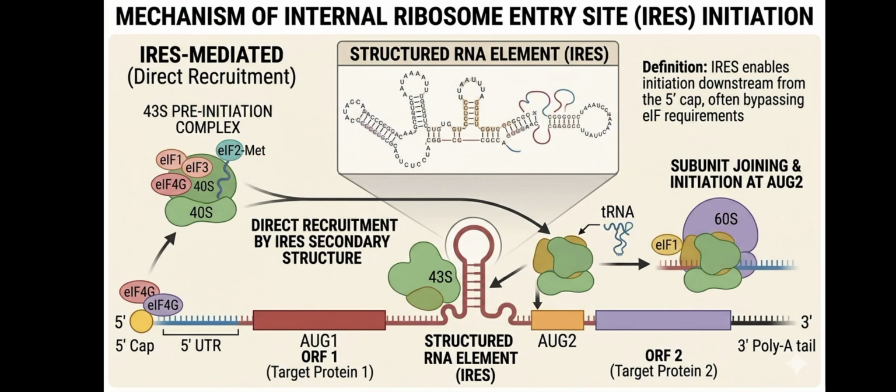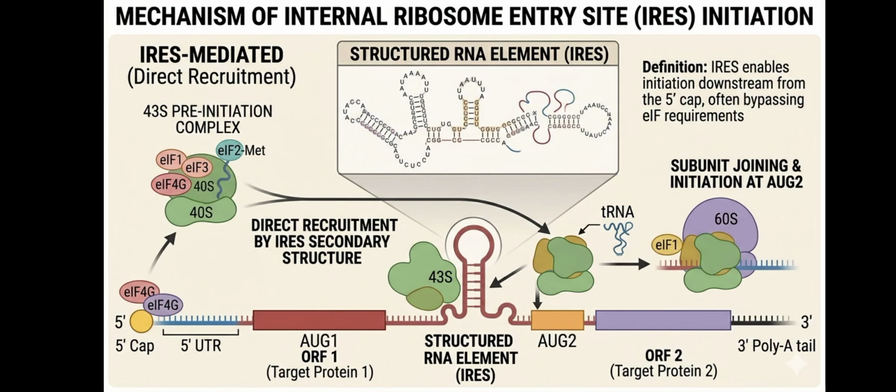This IRES RNA sequence is present in the vector, and that sequence is added to the normal gene. So IRES is nothing but a piece of RNA that has been brought with the help of the vector to get attached to the genome.